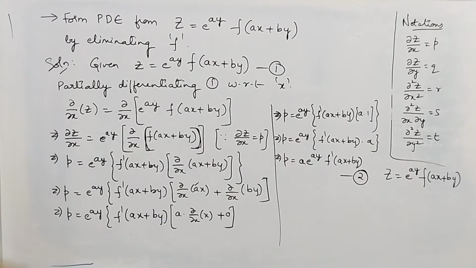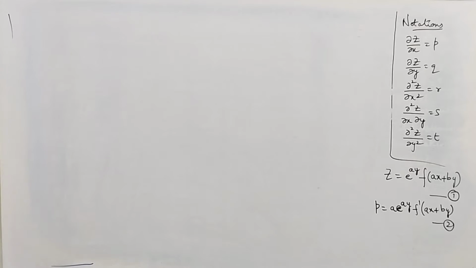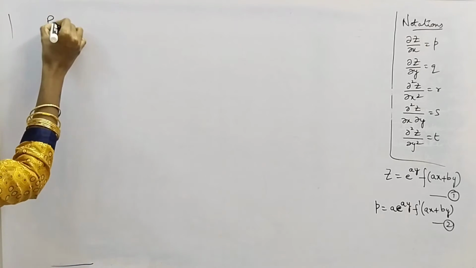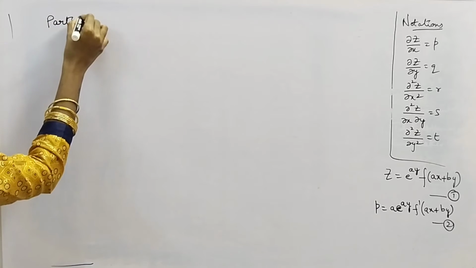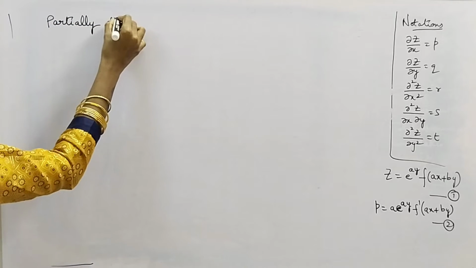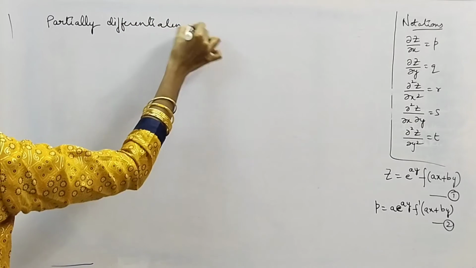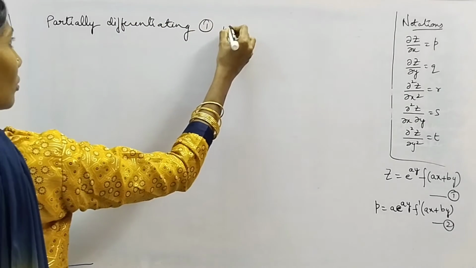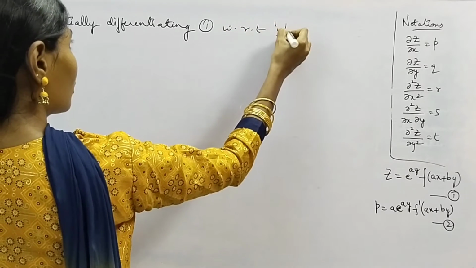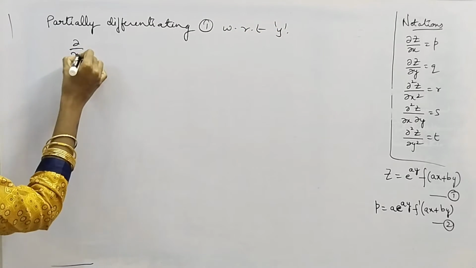Now let's partially differentiate 1 with respect to y. Partially differentiating 1 with respect to y, apply dou by dou y on both sides of 1.